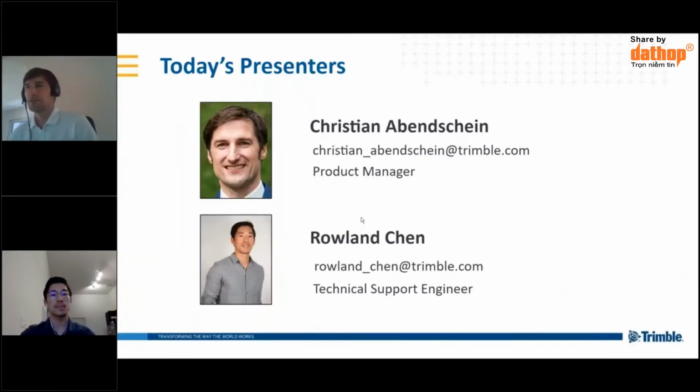Before we start, I would like to quickly introduce myself. My name is Christian Adenschein. I'm based out of Munich in Germany. My background is surveying and geomatics. I graduated back in 2009 and I've joined Trimble in 2011.